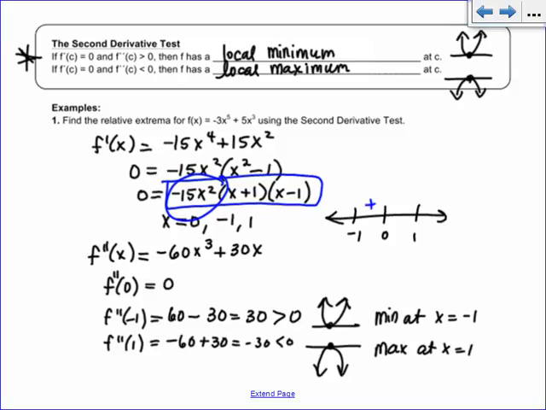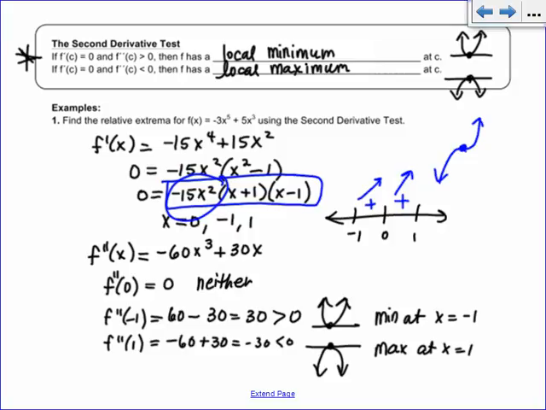Negative out front, positive, negative, positive. So do you guys see that we have to have, like it's increasing and then increasing again? It's one of those things where we're doing this. Okay? So this is neither. It's not a max or a min.